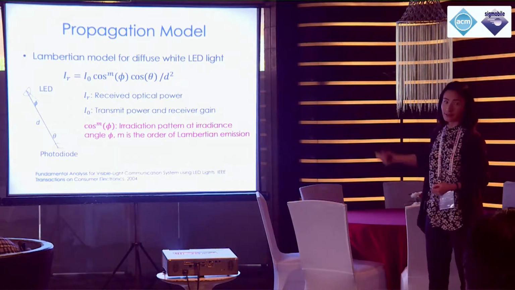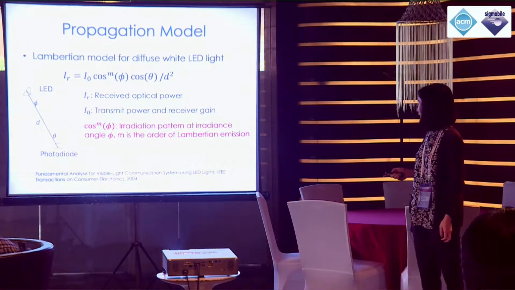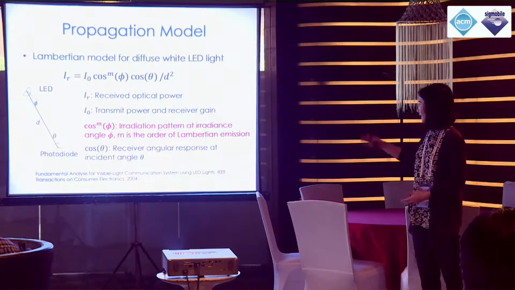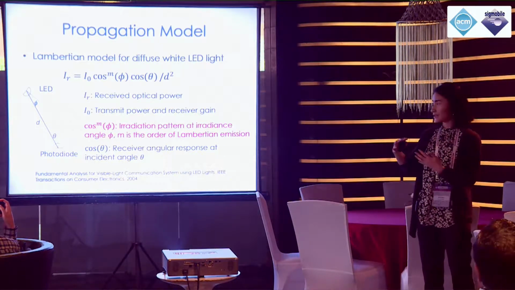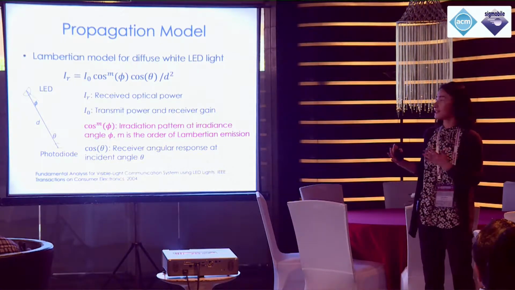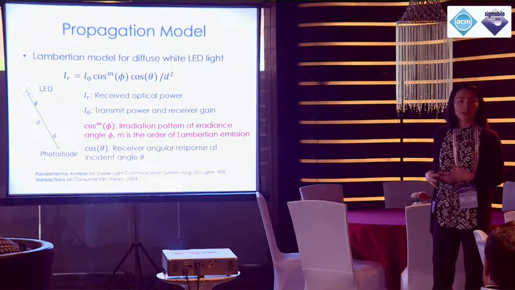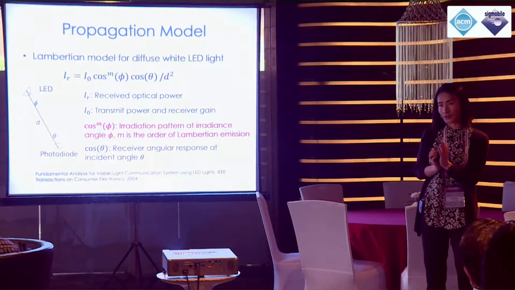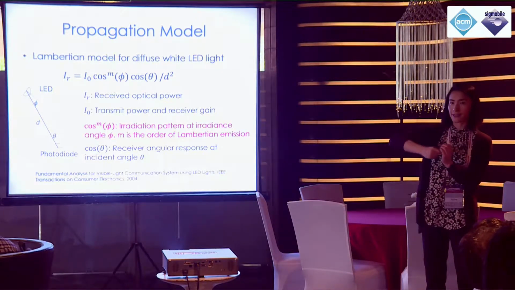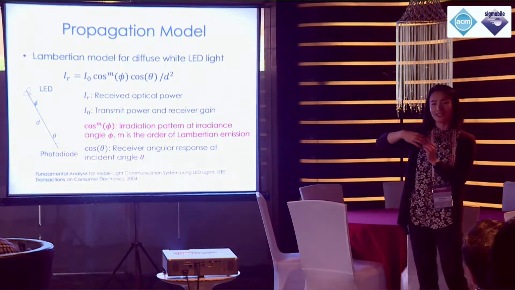And then you will see another term here, the cosine theta. Theta is the incident angle relative to the surface normal at the photodiode. That cosine theta describes the angular response at the photodiode, meaning how sensitive the photodiode is for light coming at a given incident angle.